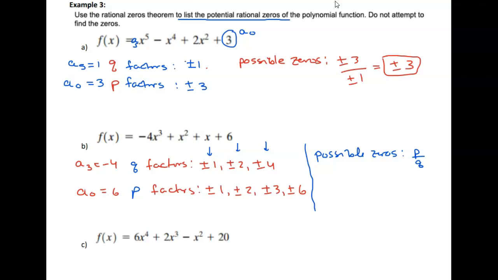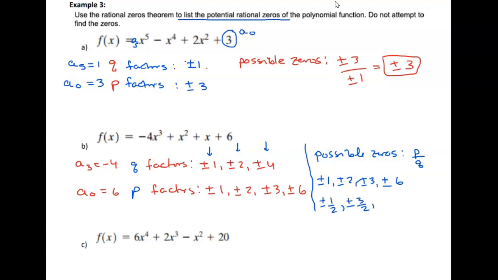If I divide by 1, I get plus or minus 1, 2, 3, 6. Dividing by 2, 1 divided by 2 gives plus or minus 1/2. 2 divided by 2 gives plus or minus 1, which we already have. 3 divided by 2 gives plus or minus 3 over 2. 6 divided by 2 gives plus or minus 3, which I already have.